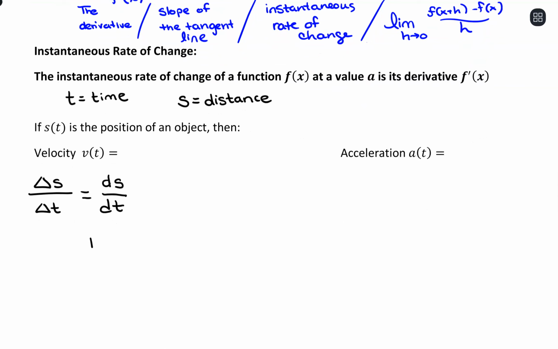So this is the derivative of s with respect to t. So if we want this velocity function v of t, this is going to come from the derivative of s of t. So v of t is equal to s prime of t. So if we start with this position function, we can calculate velocity from it by taking the derivative.